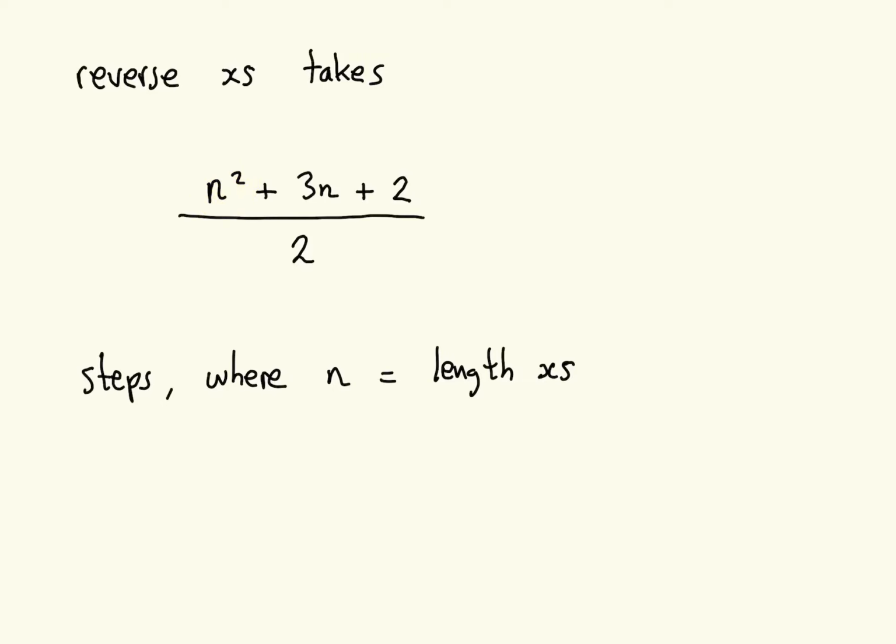So for example, if you took a list with 10,000 elements in it and you reversed it using the recursive definition for reverse in terms of append, you'd find if you plug it into this formula that it's going to take about 50 million evaluation steps, which is way too many. And again, it's taking way too many evaluation steps because the recursive definition for reverse using append actually ends up taking quadratic time, which is bad.